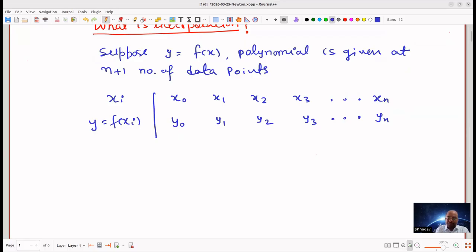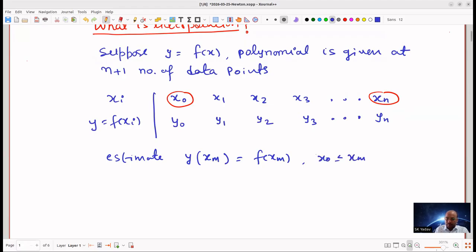So like here, x0 is the initial value and xn is the final x value. So if I want to estimate y at any xm, which is equal to f of xm, where x0 is less than or equal to xm, less than or equal to xn, then the interpolation comes into the picture.